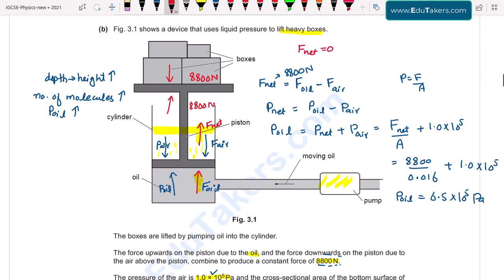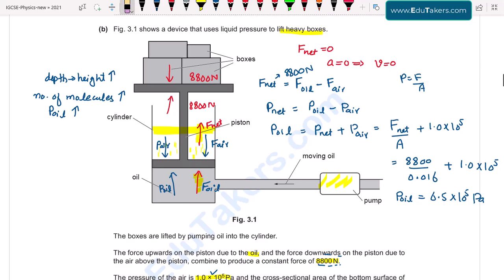When net force is equal to 0, it means that there is no acceleration, and 0 acceleration means that speed is also equal to 0. Which means that we cannot lift the boxes when the applied force is equal to its weight. The applied force must be greater than weight to lift these boxes.